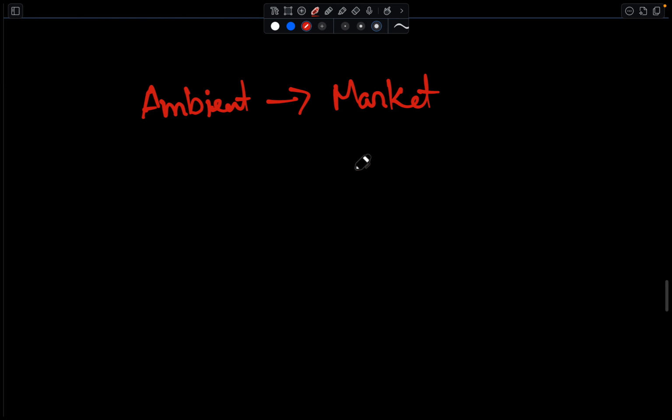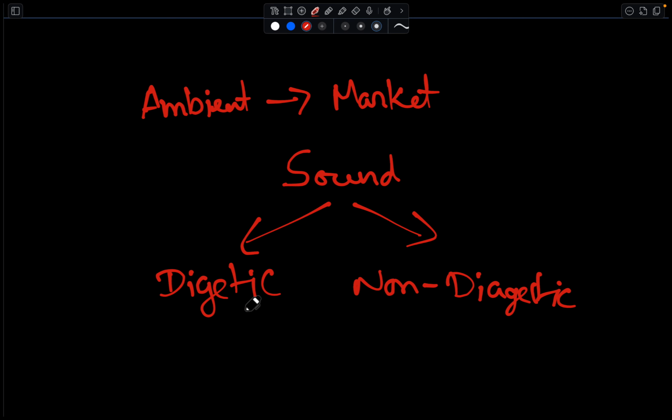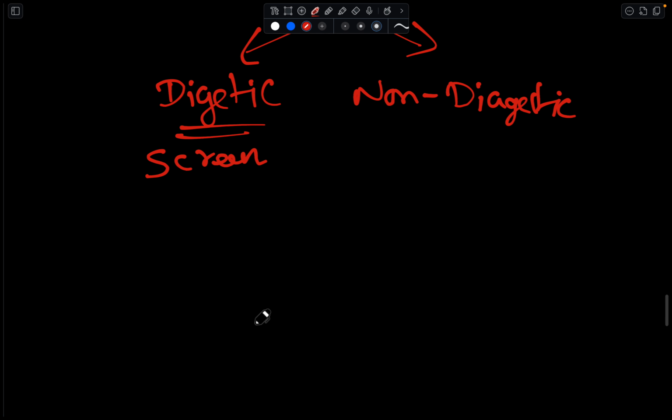When we speak about sound, generally it's divided into two things: diegetic and non-diegetic sound. So what is diegetic sound? Anything that is seen on the screen is called diegetic sound, and anything that is not seen on the screen is called non-diegetic.